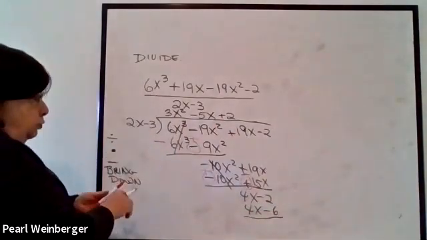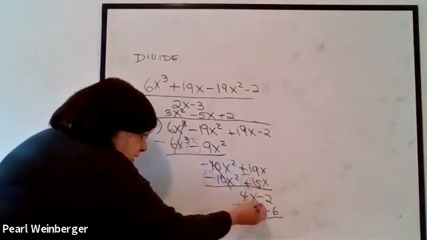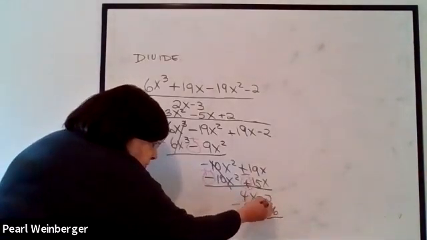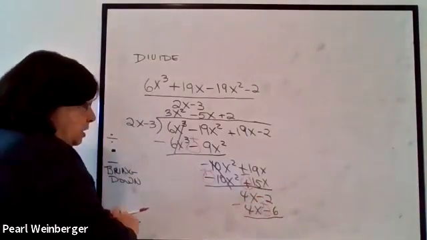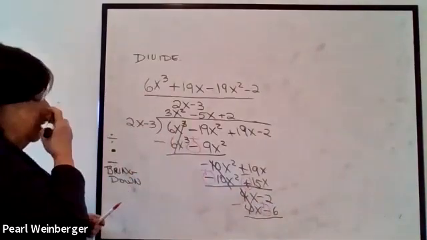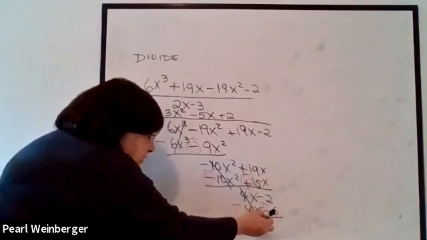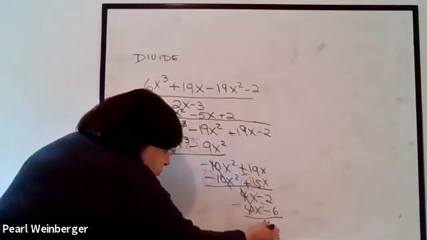I now have to subtract. So this is going to become a negative 4x, and this negative 6 is going to become a positive 6. The 4x and the negative 4x, you see how that first thing is always canceling out, and I'm left with negative 2 plus 6, which is positive 4.